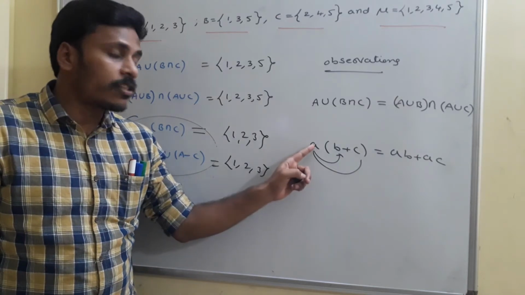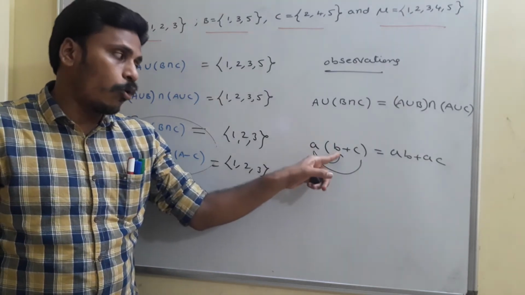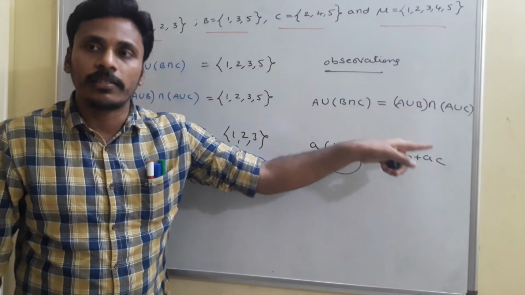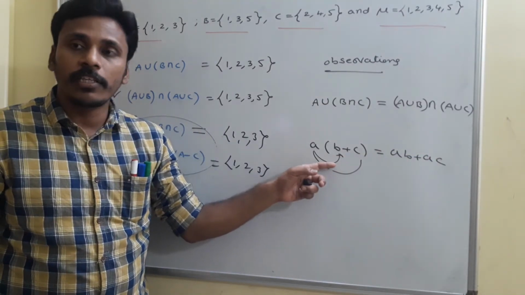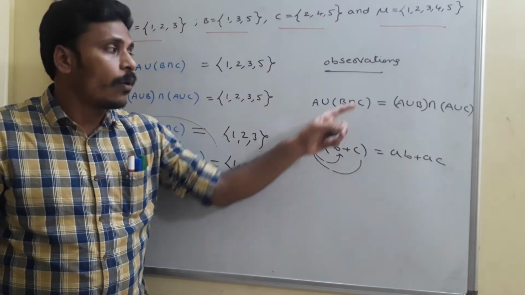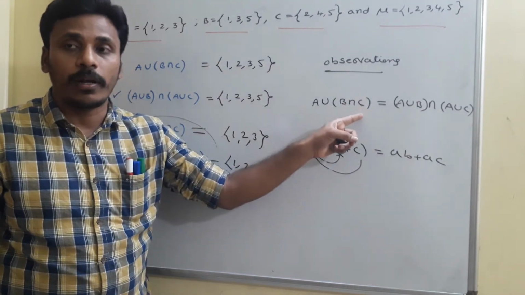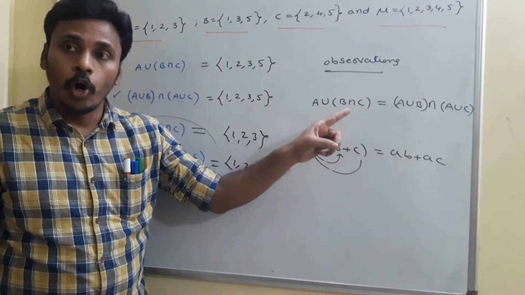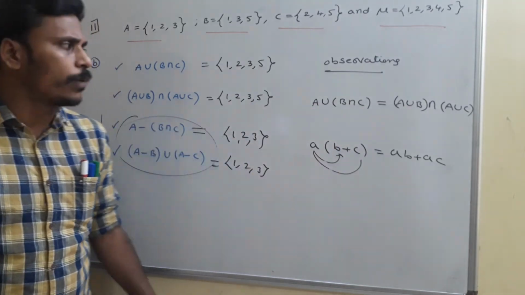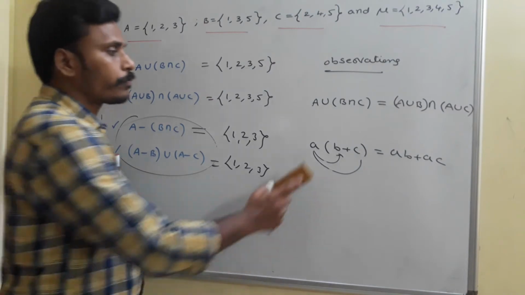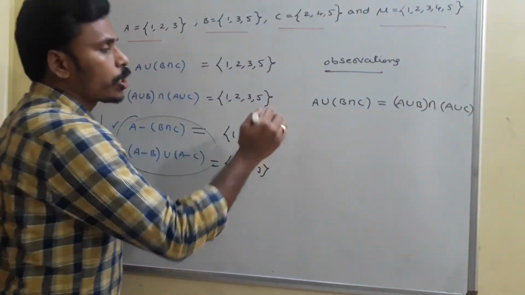Because we are distributing this A over both B and C, like AB, AC. And this is the distributive property of numbers, whereas this is the distributive property of sets over union. Union over intersection again, like that. So this is what distributive properties are.